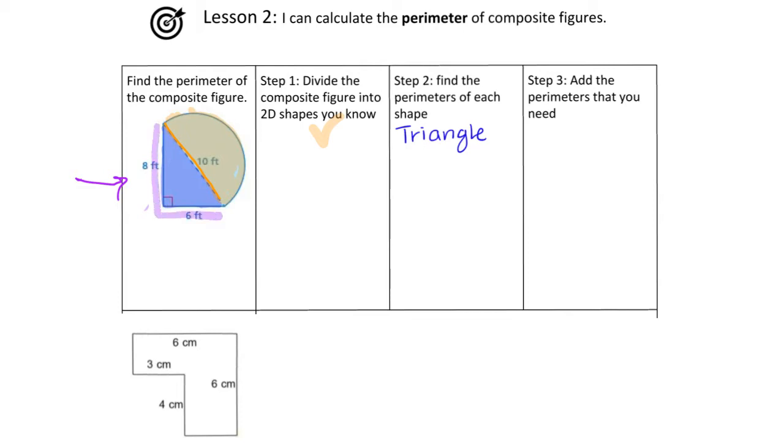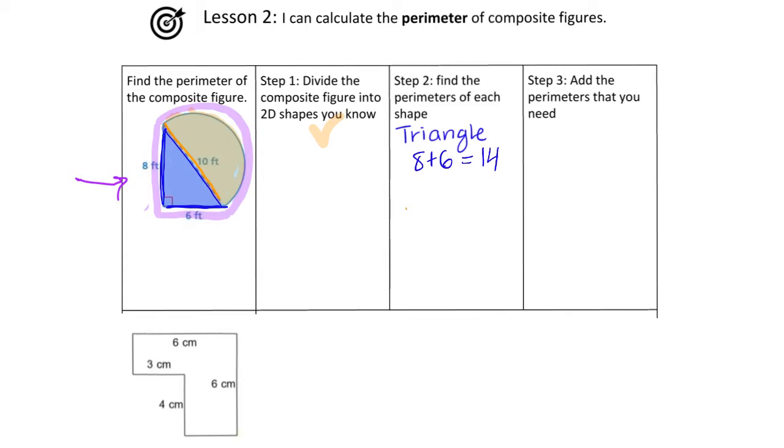So here, here, and then we have this semicircle shape. All I need for the triangle are these two outer edges. This middle part will not contribute towards the perimeter. So I just need 8 plus 6, which is 14.